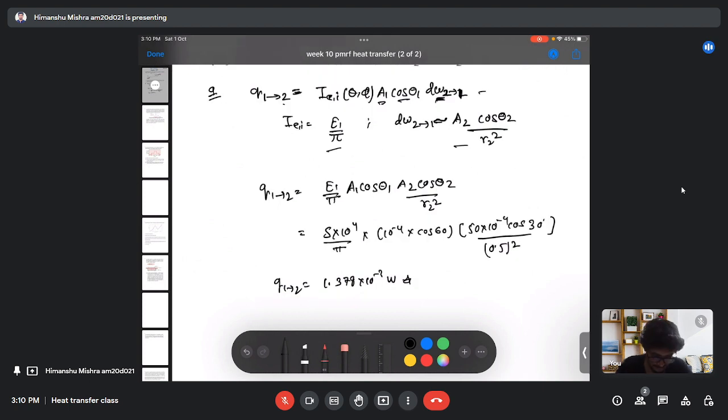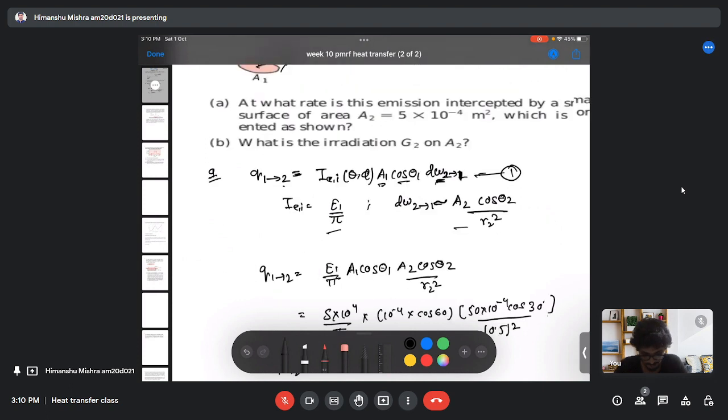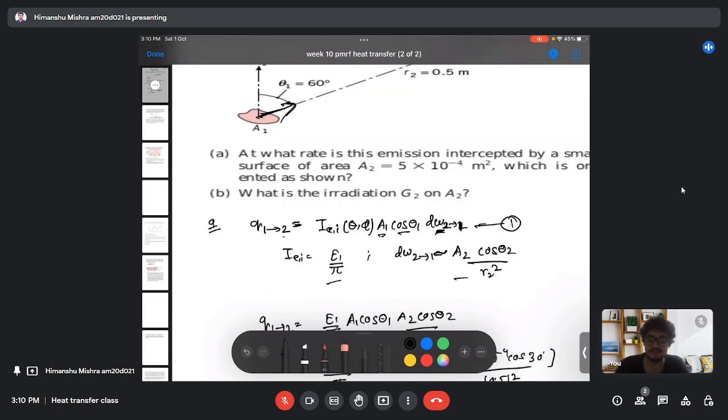My rate of heat transfer is given by equation number 1, which is a function of intensity, area A1, solid angle, and the angle at which the radiation comes out from the surface.